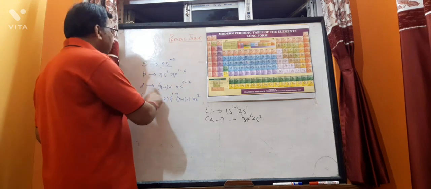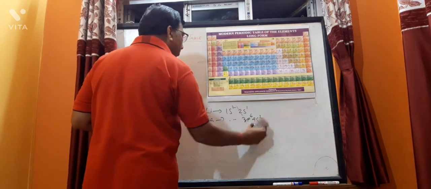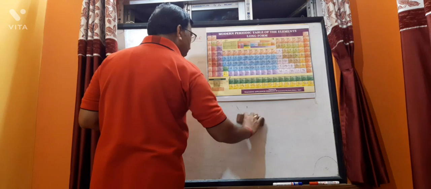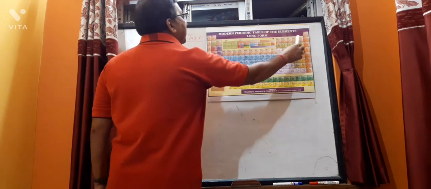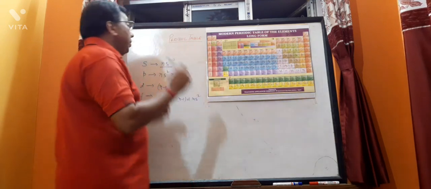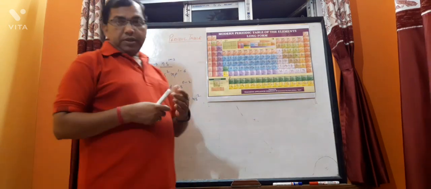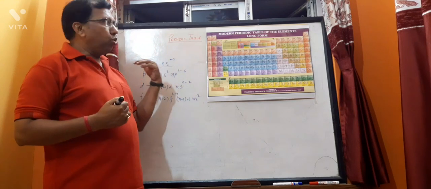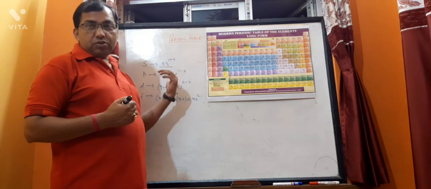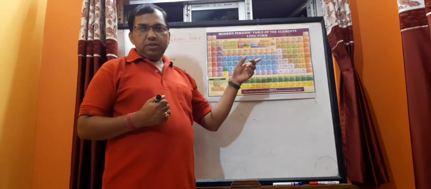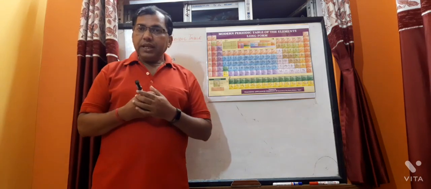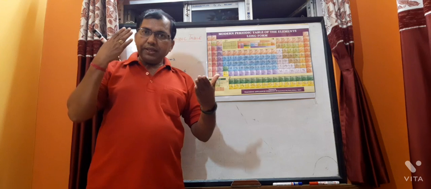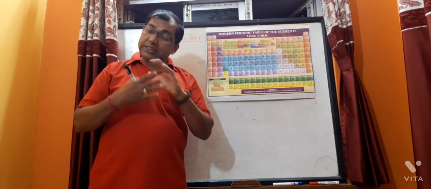Okay. P block elements. These are the p block elements. The last electron of p block elements goes to the p orbital. The p subshell has a maximum of 6 electrons.